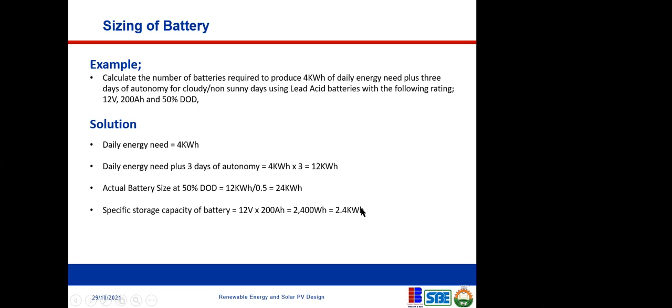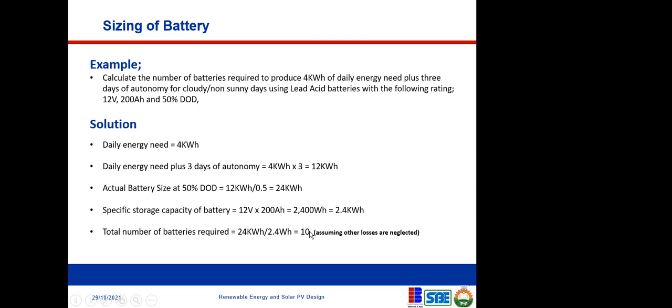So one battery will give us 2.4 kilowatt hour, but we want 24 kilowatt hour. So we divide 24 kilowatt hour by the energy storage of one battery. Sorry, this is kilowatt hour, not watt hour. There should be a K here. When you do this division, you're going to have 10 batteries.